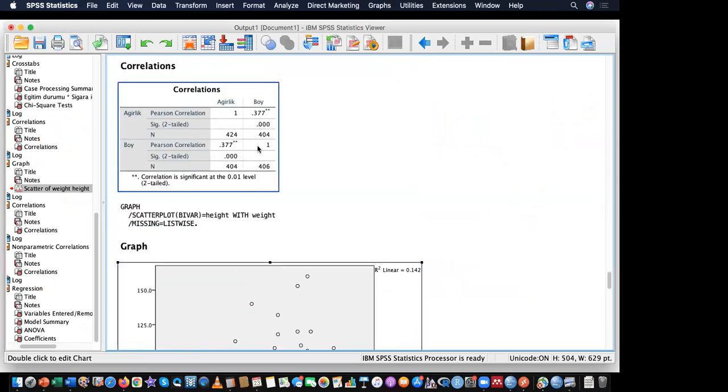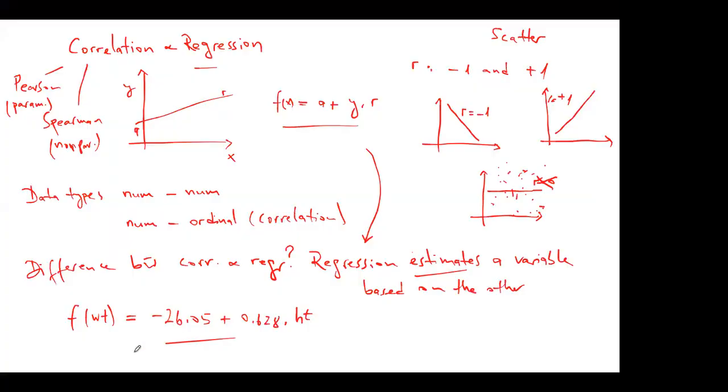The R is 0.37. Let me write it down here: R is 0.37. If I show you this R value in the exam and ask you what kind of relationship we have here, you should say it is a positive relationship, first of all. So as one variable is increasing, the other one is increasing as well.